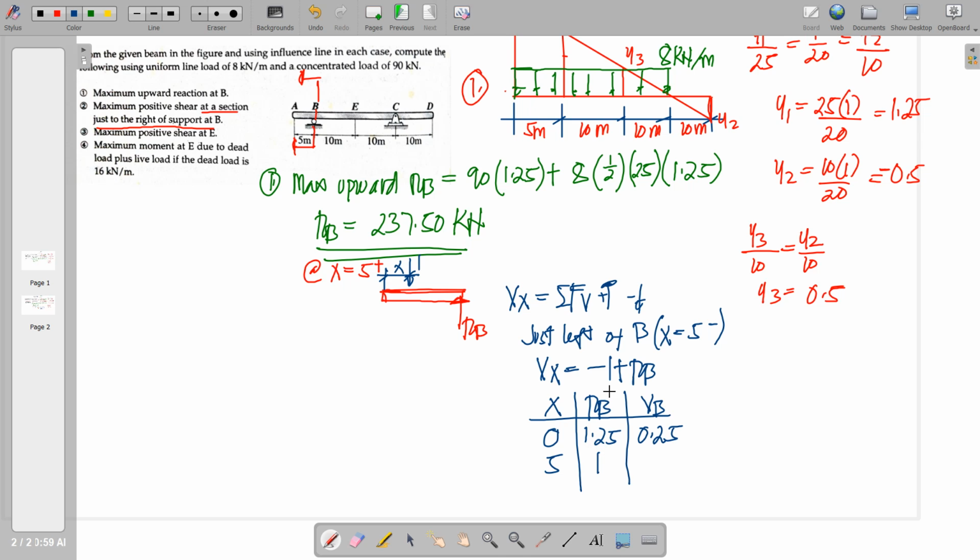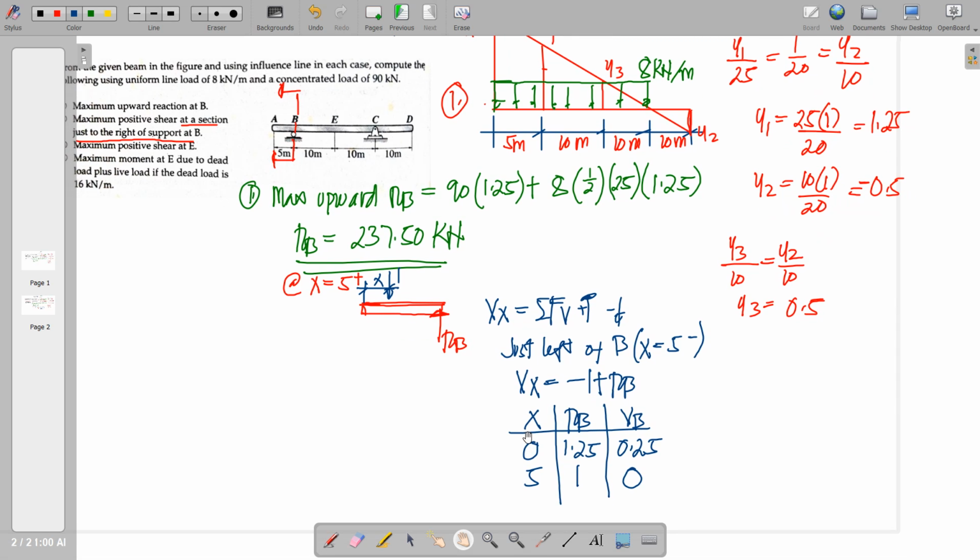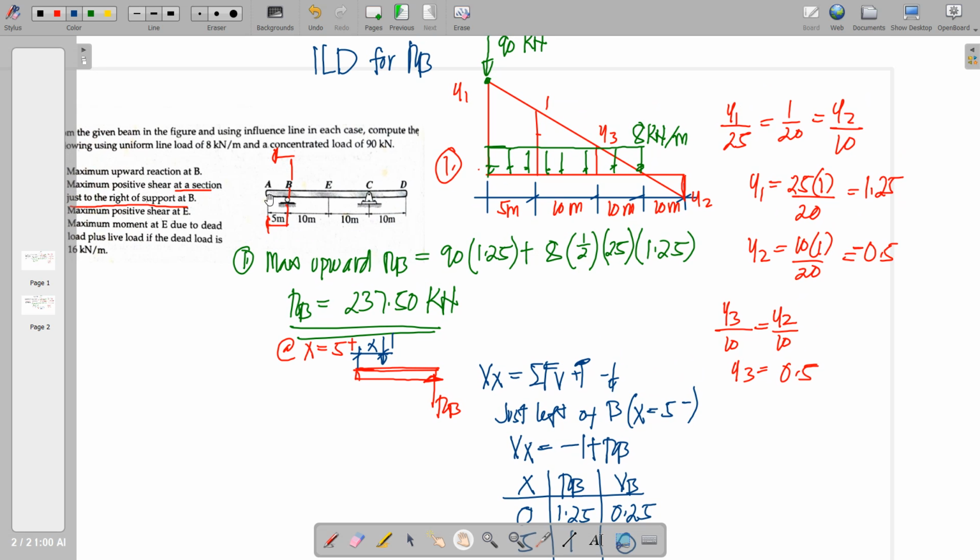So negative 1 plus 1 is equal to 0. We have a 0 value when X is equal to 5, because your RB becomes 1, and that would be deducted from the unit load, negative 1 here. So this equation will be just limited to A to B.